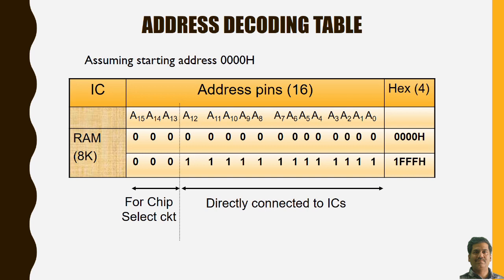Now in this case the starting address is from 0000H to 1FFFH. Therefore, the address pins A0 to A12 shall be used for address pins, and the remaining pins, that is A13, A14 and A15 of the address bus, will be used for the chip select design.